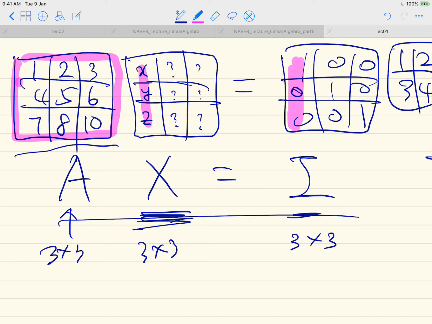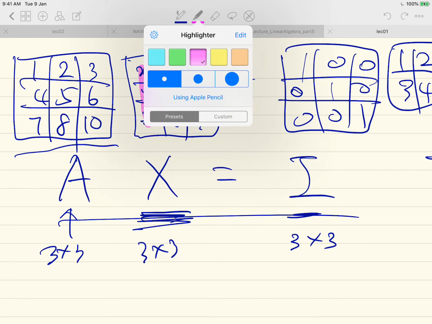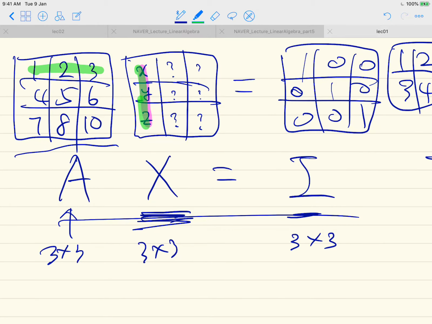The first column in the resulting matrix, right? Because doing the inner products will produce each of these entries. So the first column of the matrix X on the right produces the first column of the resulting matrix.